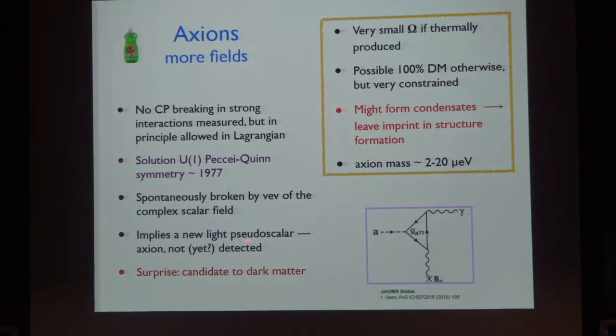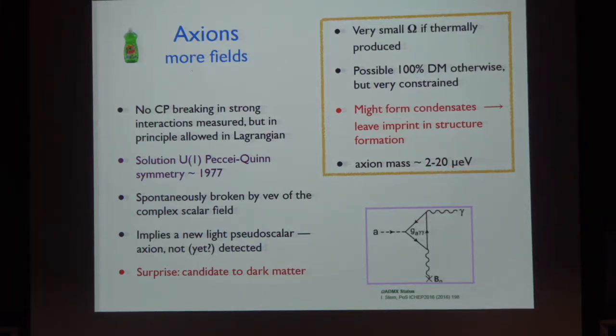But surprisingly, later on, in the 80s, they realized that it could be a good candidate for dark matter, except that if we take the axion of the CP problem as 100% of dark matter, the relic density is very small. If it's created non-thermally at the end of inflation, then it might be 100% of the dark matter, and then it has a very, very light mass between 2 and 20 micro-electron volts.